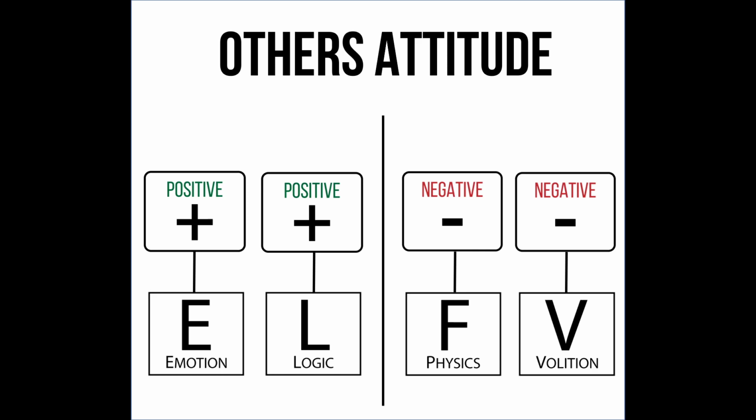It is extremely rare for somebody to break this pattern when you start with nothing and just look at somebody's personality from an outside perspective. So what this means is emotions is all of a sudden others positive, and volition is others negative. Now, logic and physics stayed the same. They're still negative towards others for physics and positive towards others for logic.